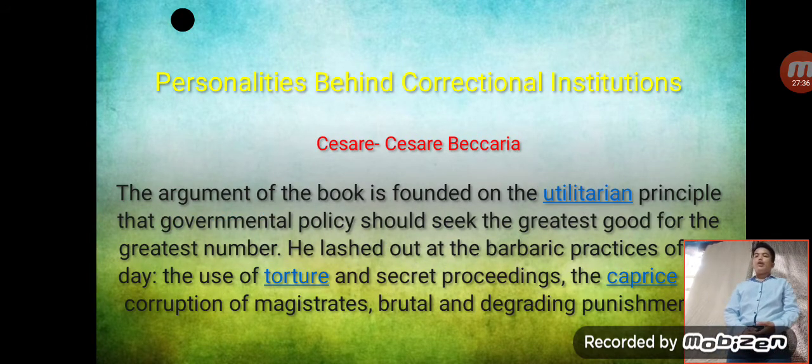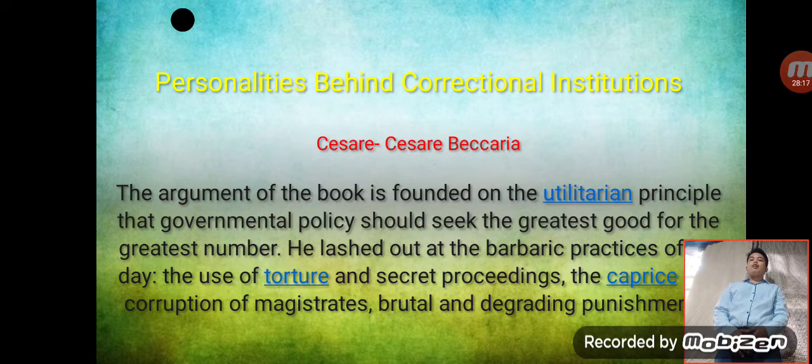So, the objectives of Cesare Beccaria are about the penal system. So, he argued that penalties should be devised only severe enough to achieve the proper purpose of security and order. So, anything in excess is tyranny. So, the effectiveness of criminal justice depends largely on the certainty of punishment rather than on its severity.